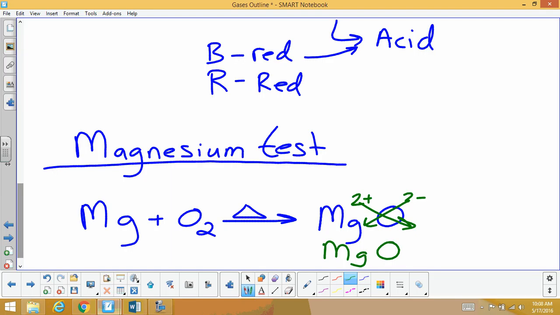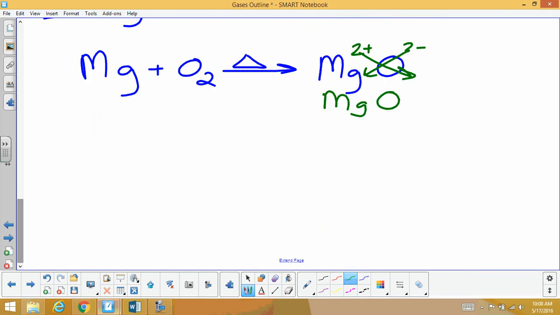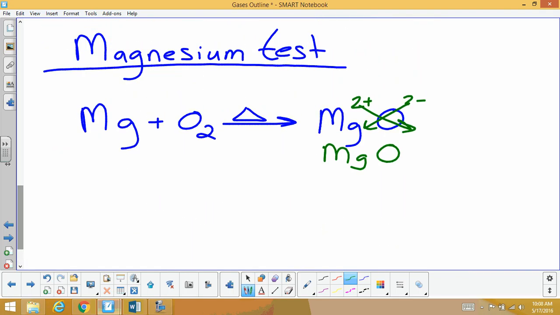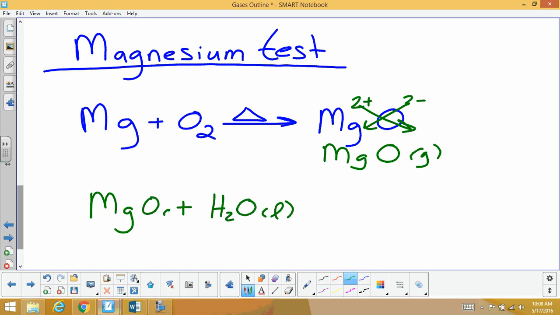So for the first part of this, we took magnesium, we heated it up with oxygen, and we created magnesium oxide. But that wasn't it. We actually took the product, the gas, magnesium oxide, and added this to water, a liquid.